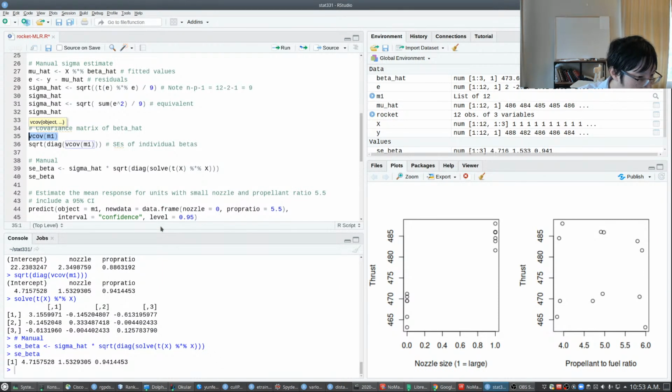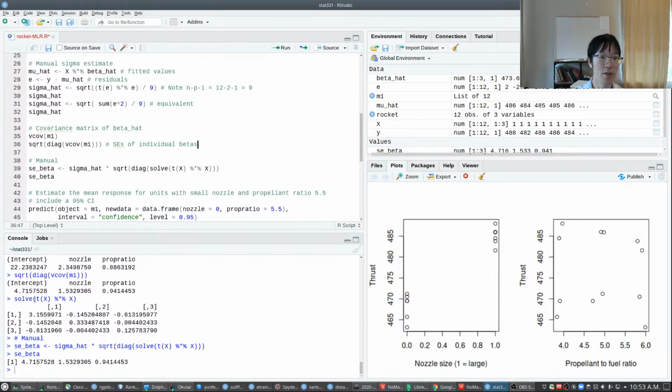Okay, so there's a question: why isn't the covariance matrix diagonal 1? That's a good question. So far we haven't used the covariance elements in this beta hat multivariate normal, but generally it is true that the beta hats, the individual parameters, so here for example the estimates of beta 1 and beta 2, are correlated.